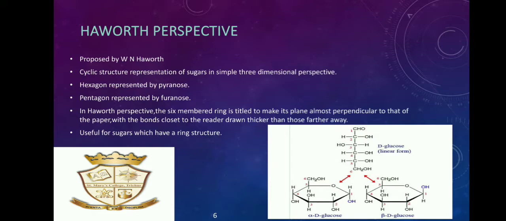In Haworth perspective, the hexagon represents pyranose and the pentagon represents furanose. A six-membered ring is drawn with its plane almost perpendicular to that of the paper, with the bonds close to the reader drawn thicker than those farther away. It is mainly useful for sugars which have a ring structure. There is an example of glucose in Haworth perspective formula, alpha-D-glucose and beta-D-glucose.